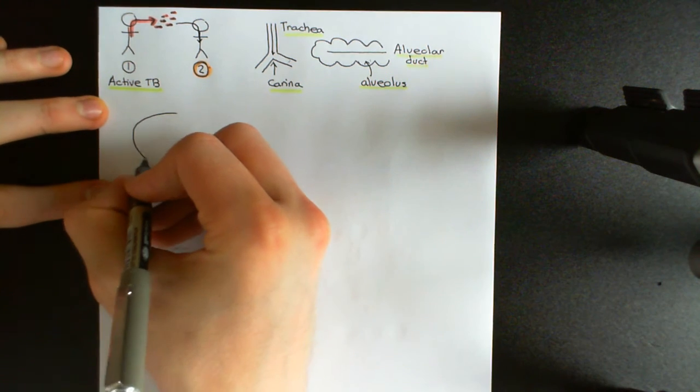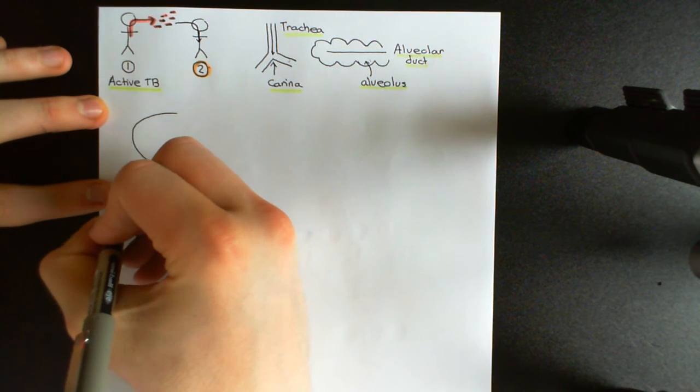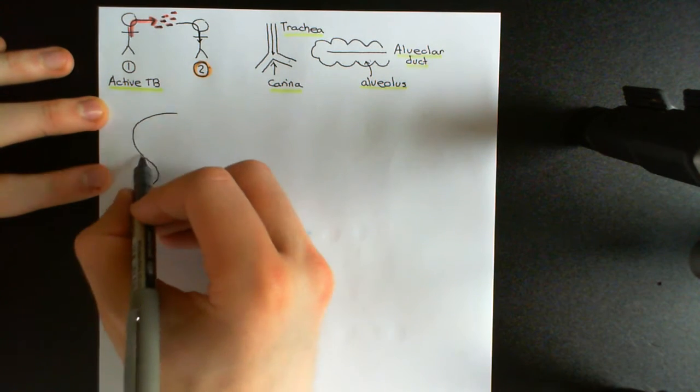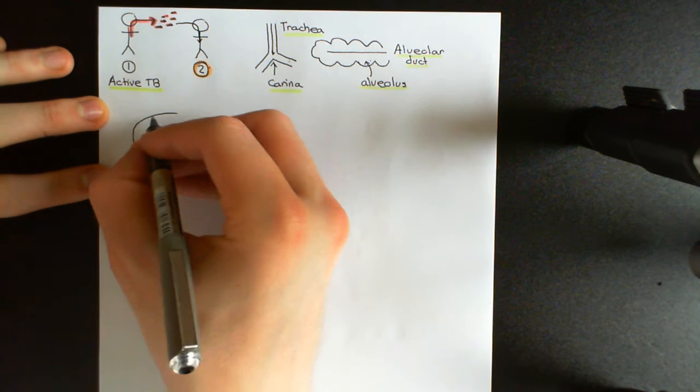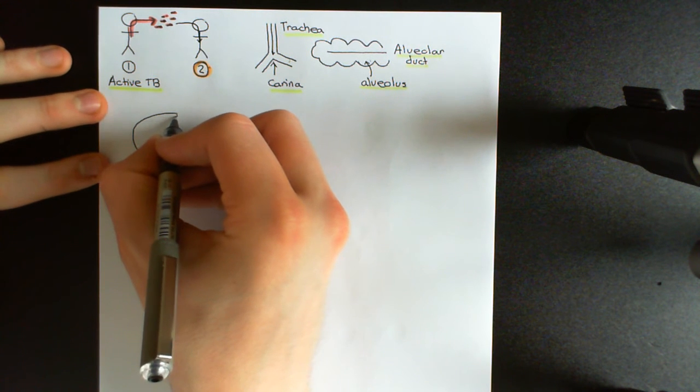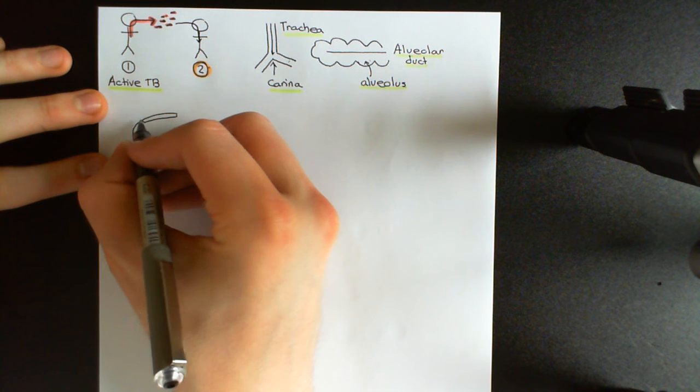So here's a little part of the wall of the alveolar duct. So here are two alveoli, one alveolus, a second alveolus, and now I'll just have them lined by pneumocytes. And remember, there are two different types of pneumocytes.